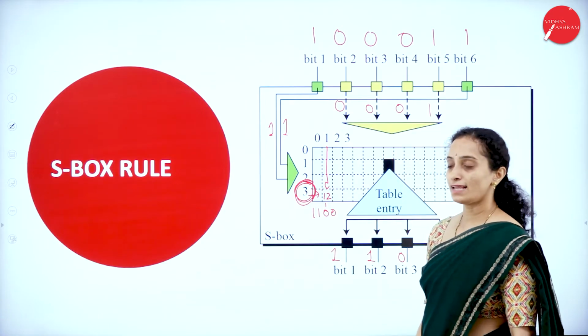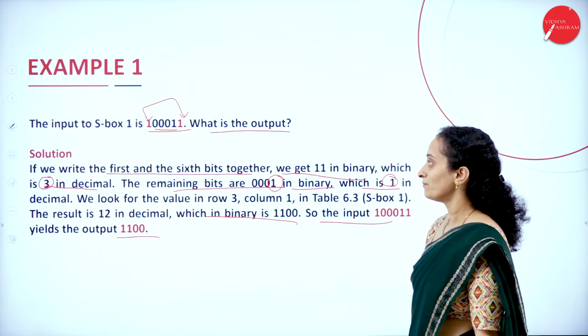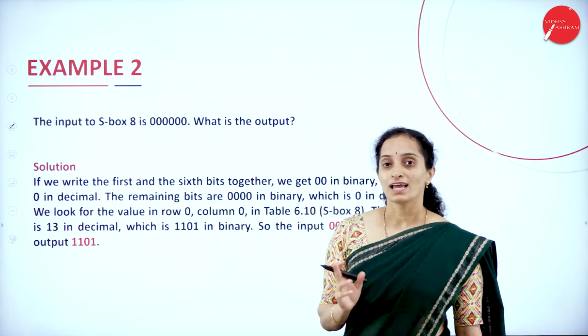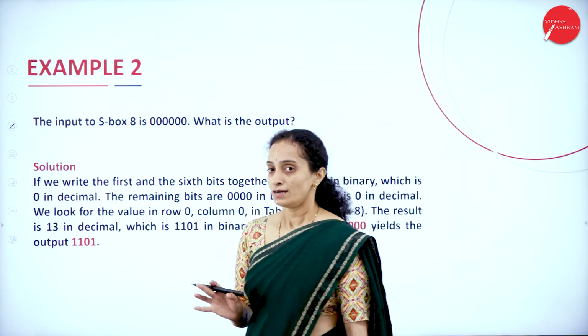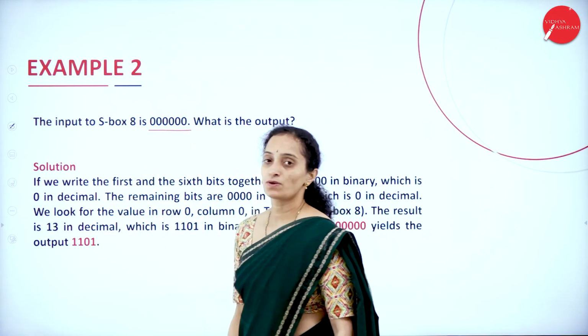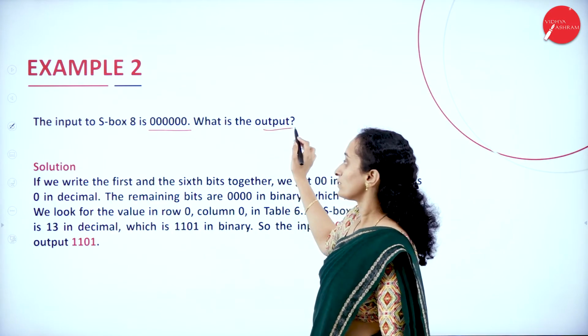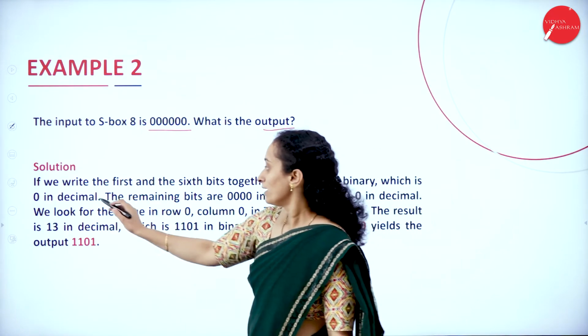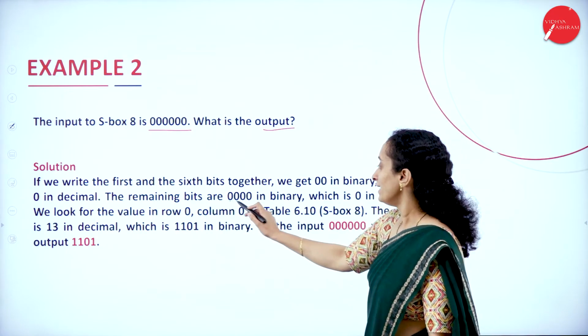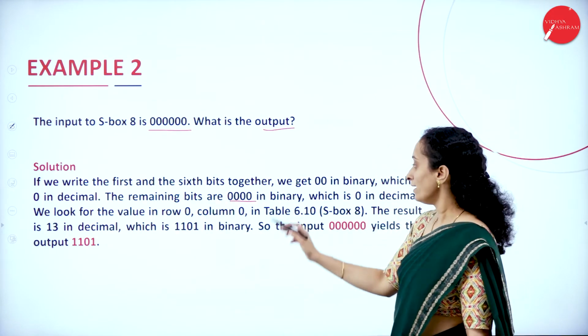Alright, let's take another example, from S box 8. Let's check with all zeros, what is the output? 0 is the decimal value, and 0, 0, 0 are binary.